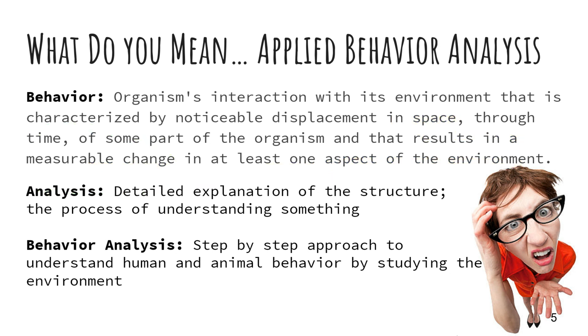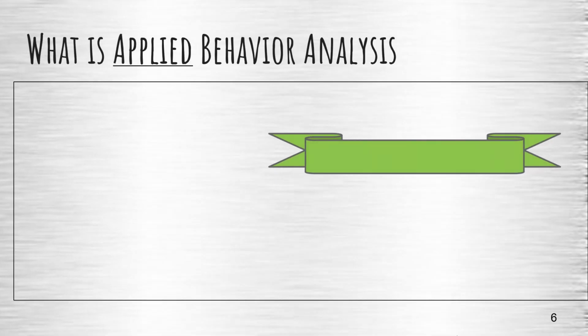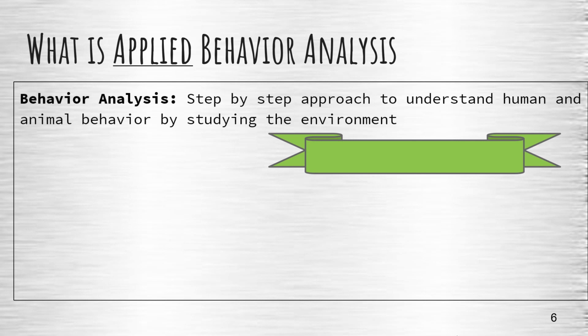So now that we've talked about behavior analysis, we're going to put ourselves in a special niche that makes us really unique. This is the applied part that sets us apart from other behavior analysis. So what is applied behavior analysis?